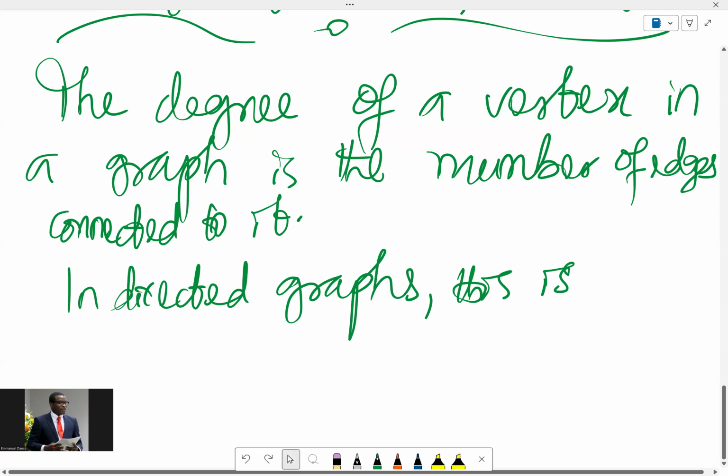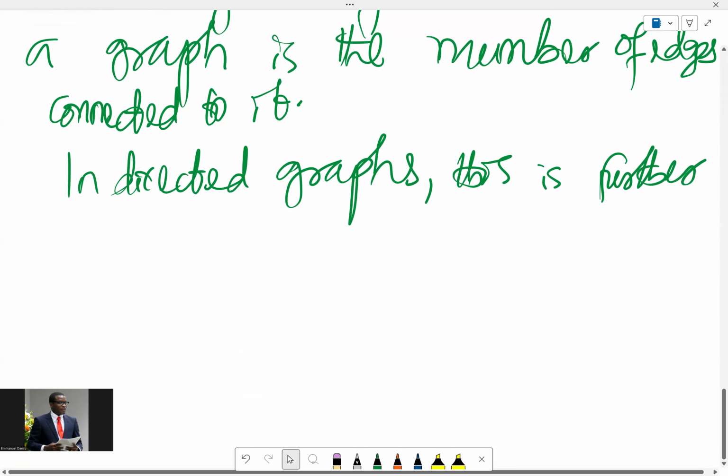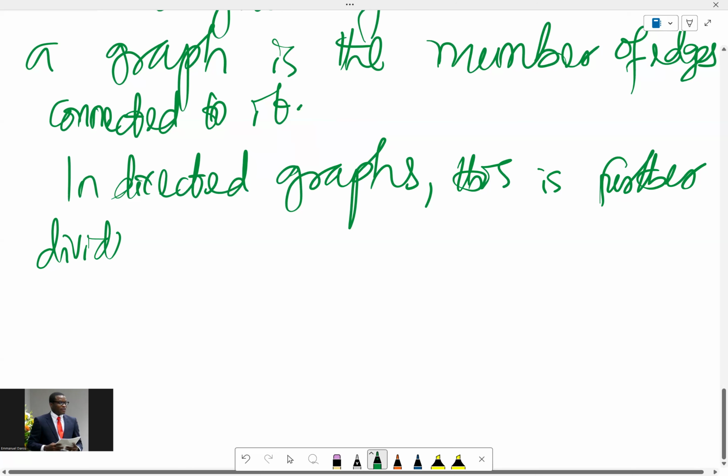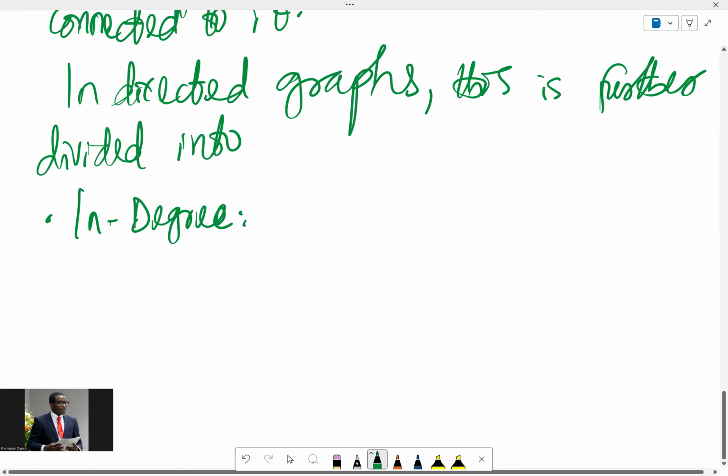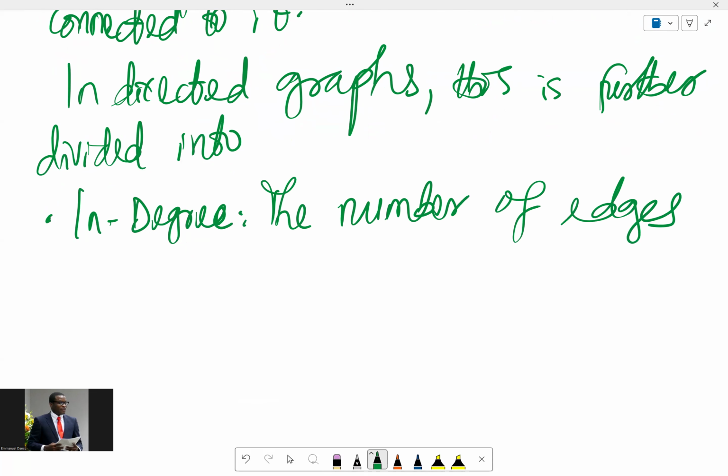the degree is further divided into in degree, and in degree is simply the number of edges coming into the vertex.